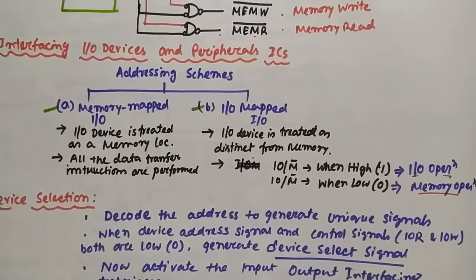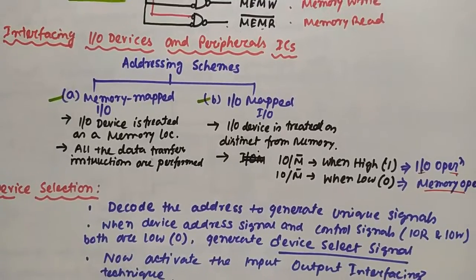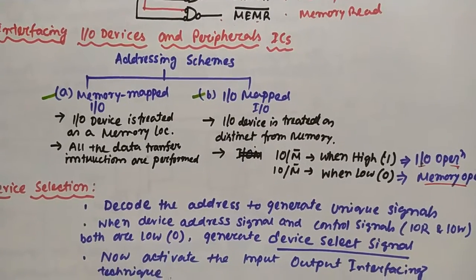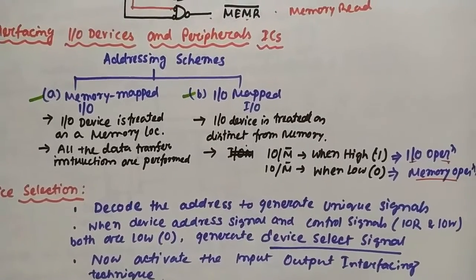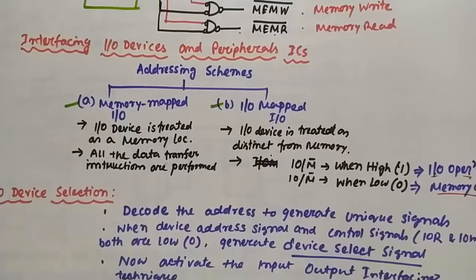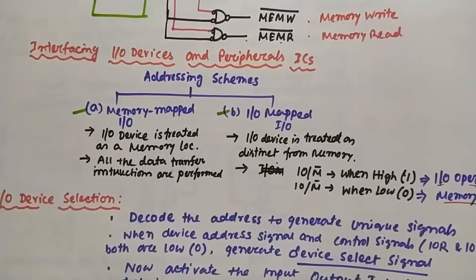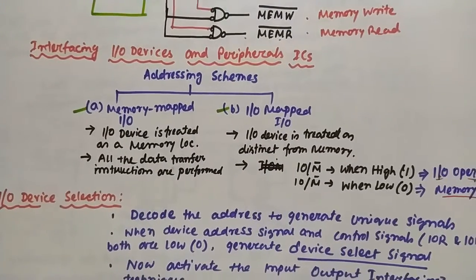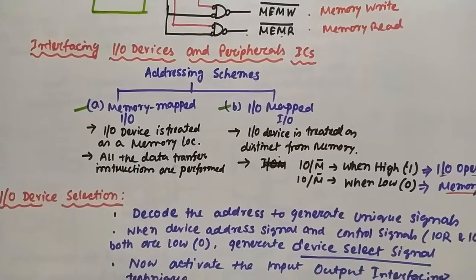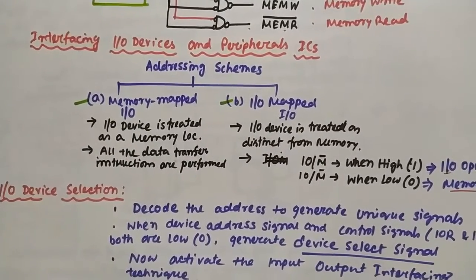Last, activate the device, and then you go for the operation, and the input output interfacing then goes on. These are the 3 steps by which you can select any device, either an input device or an output device. That means the input output device selection may happen.